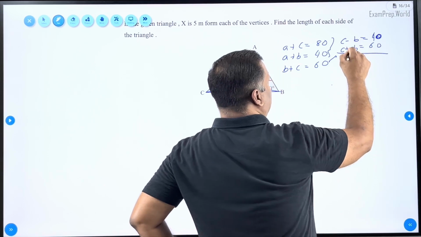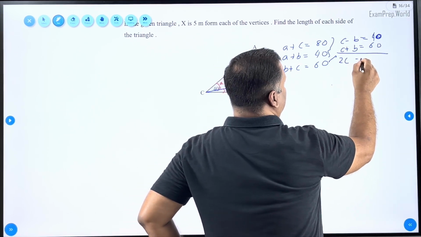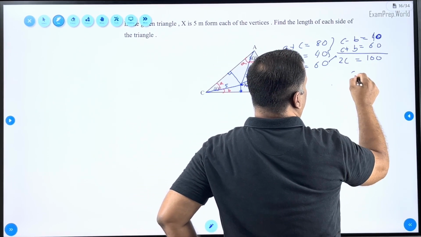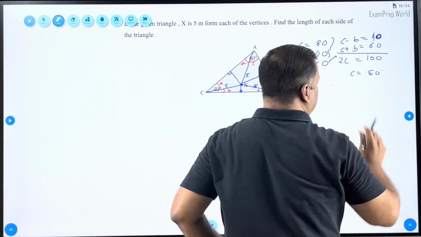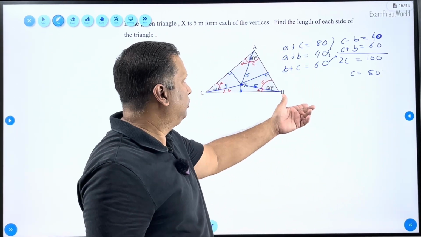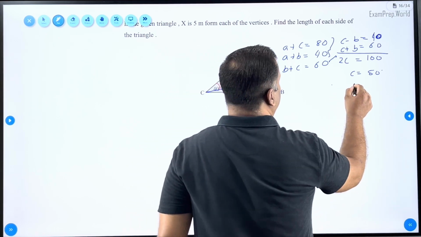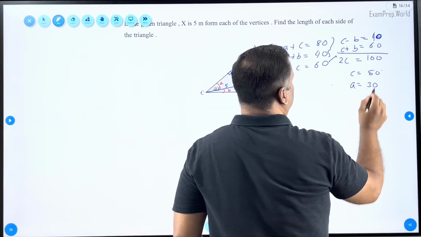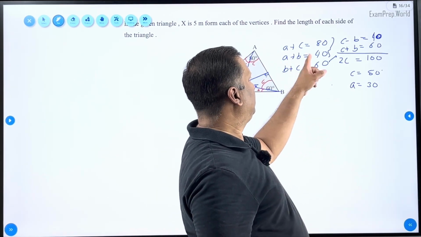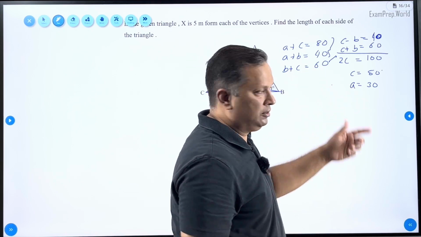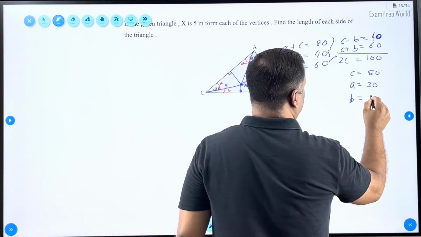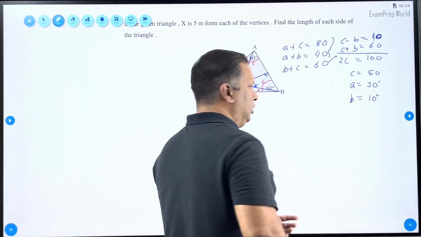So now if you add them, minus B plus B will go, 2C will be equal to 100, therefore C is 50 degrees. Our first thing is done. C is 50, so therefore A will be 30. And A plus B is 40, therefore B is 10. So we could find all the 3 angles.